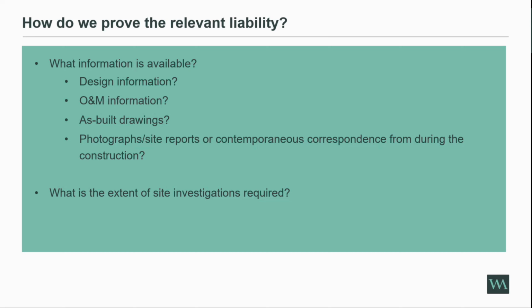As I say, if you can agree an area or a set of areas, and as you're going through those areas you identify that this is a common theme across the development, it is reasonable to assume that that is the case. But it is just important to look at the extent, because, as I'm sure you can all probably tell me, one issue in one area of one elevation isn't going to get us over that hurdle of fitness for habitation.